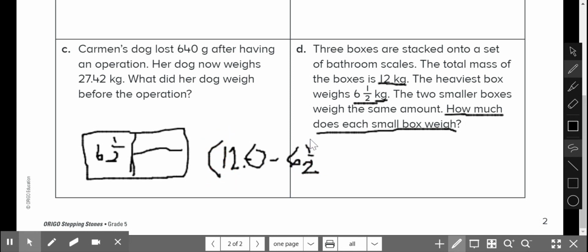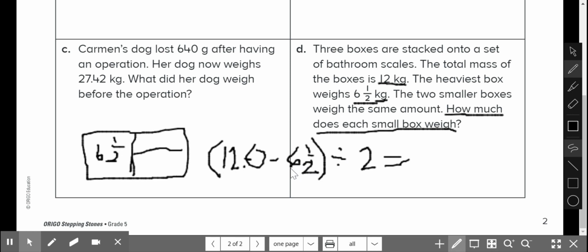I'm going to put them in parentheses. And I'm going to divide whatever I get for this answer by 2, because I've got 3 boxes altogether. One of the boxes is 6.5 kilograms, and the other 2 boxes equal the same amount. Whatever I find for my answer will be the amount that each one of these smaller boxes is worth.